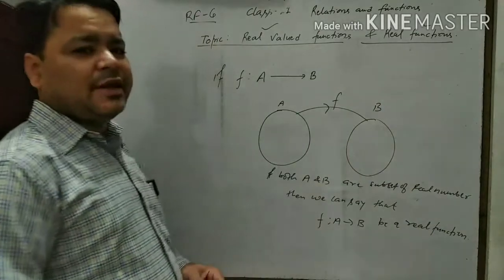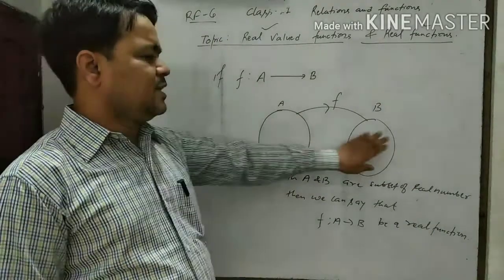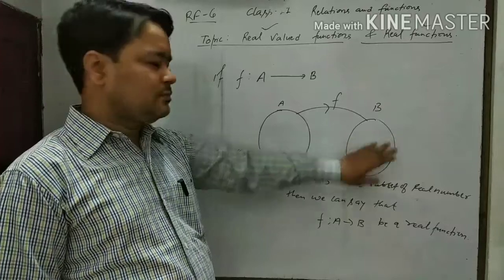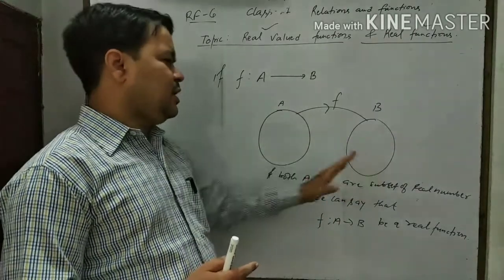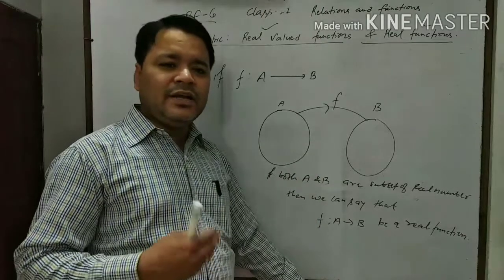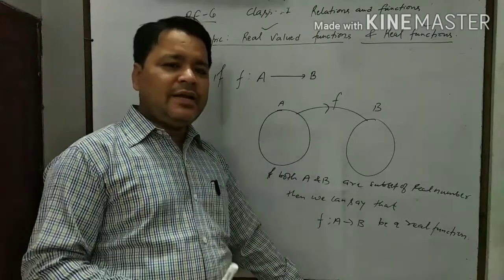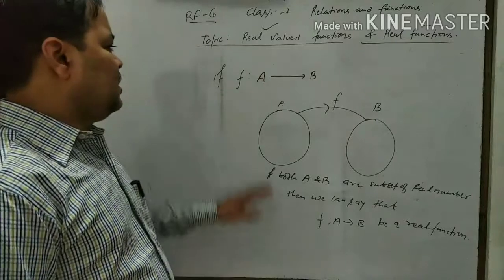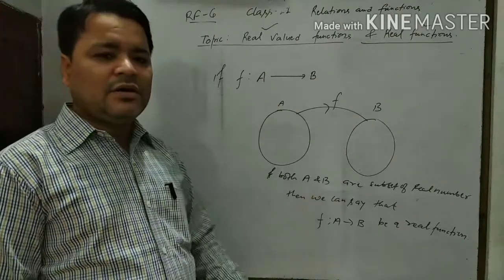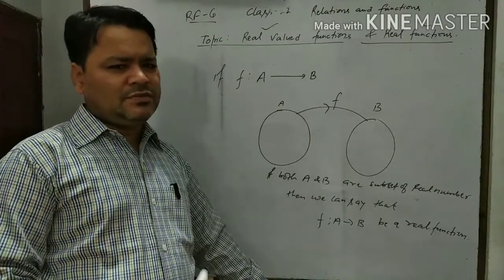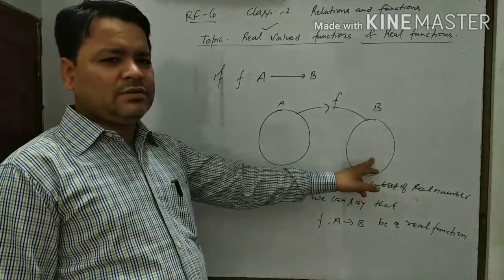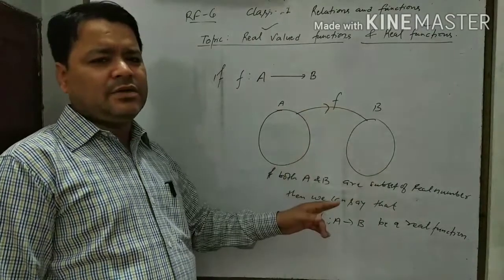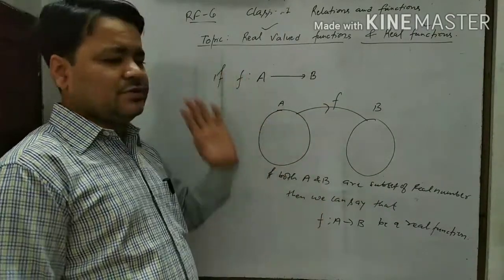We take the range of the function from set B. So if both set A and set B are real numbers, then we can say that a function f from A to B is a real function. It's very clear: both domain and codomain should be real numbers. Then it will be a real function.